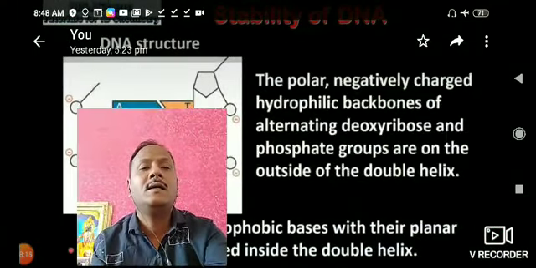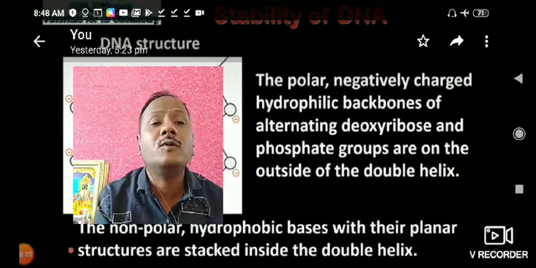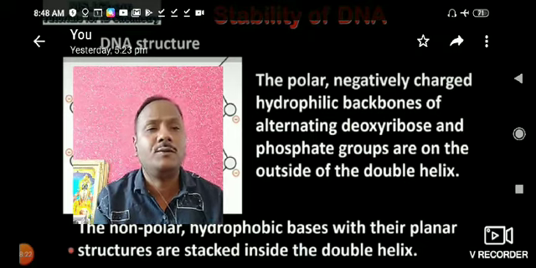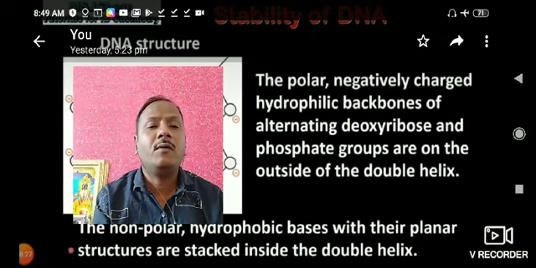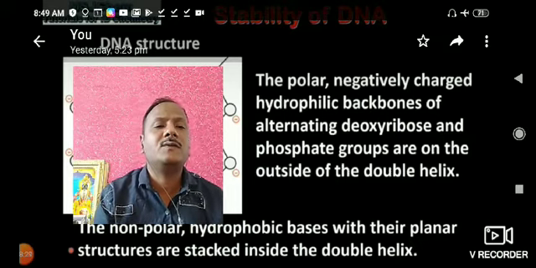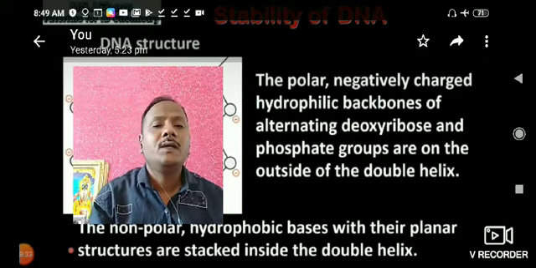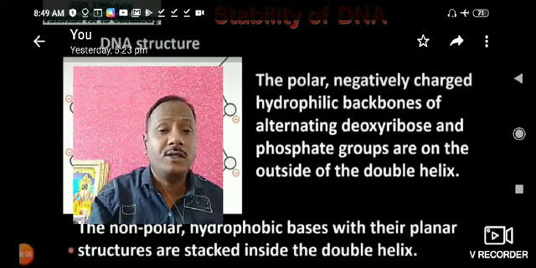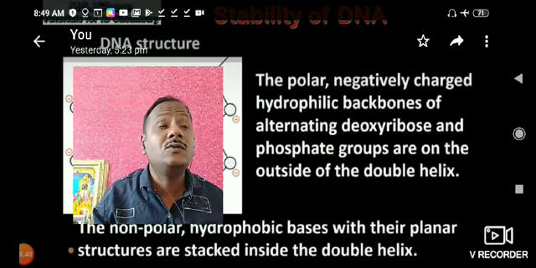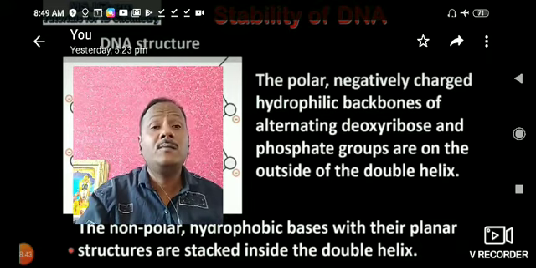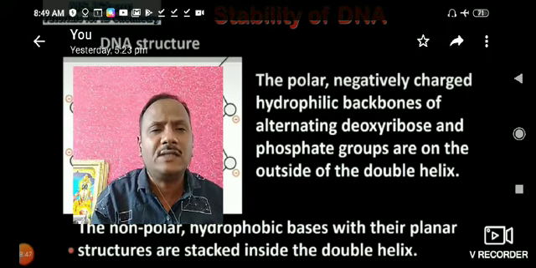You just see, this is the polar and negatively charged hydrophilic backbone of alternating deoxyribose and phosphate groups on the outside of the double helix, and the non-polar hydrophobic bases with their planar structure are stacked inside the double helix. It means due to the hydrophilic and hydrophobic nature, due to the polar and non-polar nature, it becomes stronger.